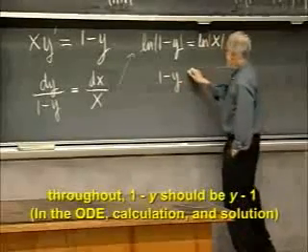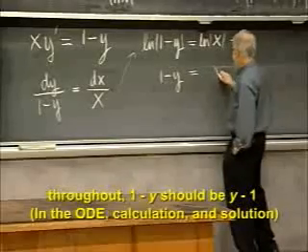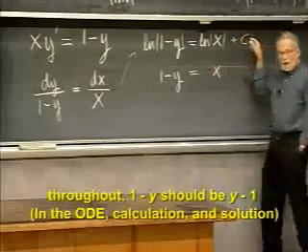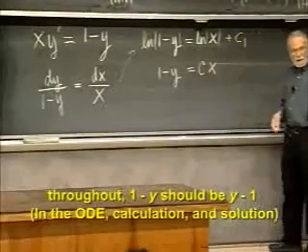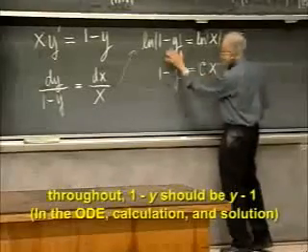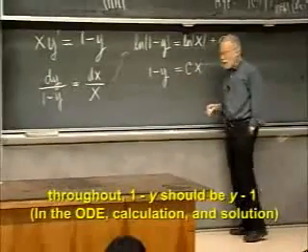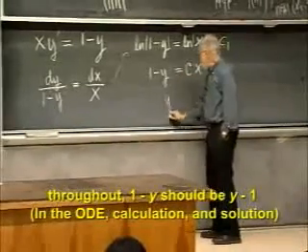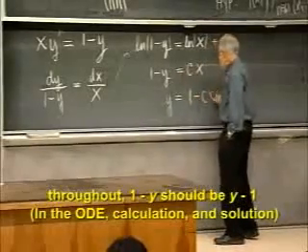So this is going to look like 1 minus y equals x times e to the c1, and I'll just make that a new constant, c. And now you can fuss by letting c be negative. That's why you can get rid of the absolute values if you allow c to have negative values as well as positive values. Let's write this in a more human form. So that's y is equal to 1 minus cx.